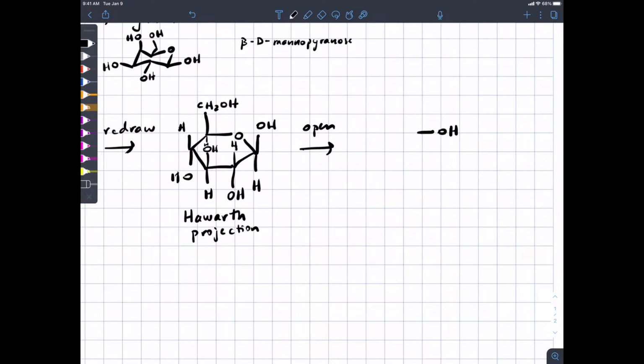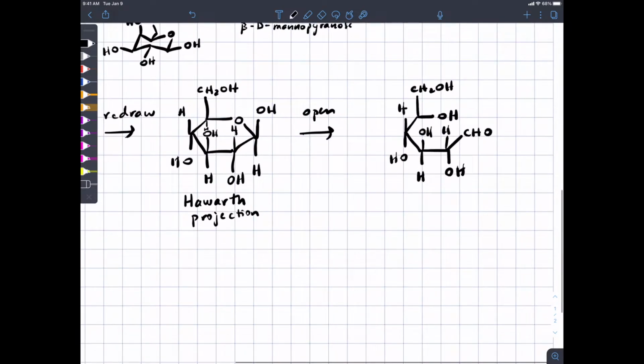So here's the OH on carbon 5, 4, 3, 2, 1. Carbon 1 is an aldehyde, which they will write like this. And then we're going to put still OHs here, here, and there. Okay, see what we did? We just opened up the ring. You okay?